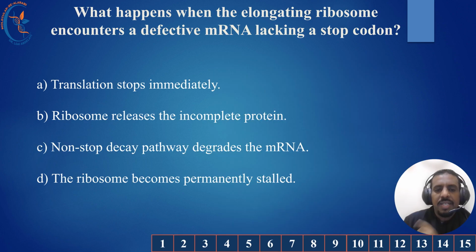Okay, the next question is, what happens when the elongating ribosome encounters a defective messenger RNA lacking a stop codon?